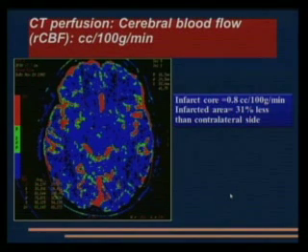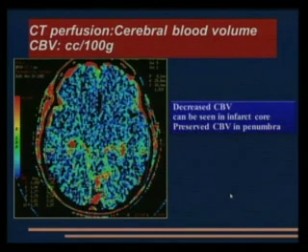The CT will give you cerebral blood flow expressed in cc's per 100 grams per minute. Generally, there is a decrease in the infarct curve. The cerebral blood volume is expressed in cc's per 100 grams.